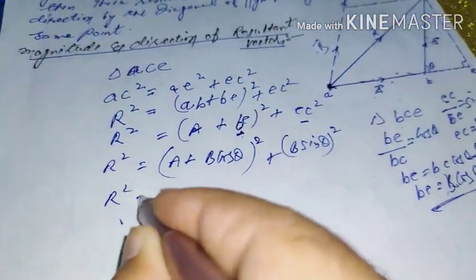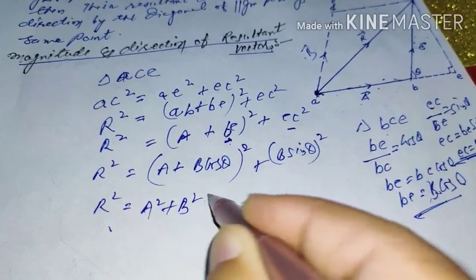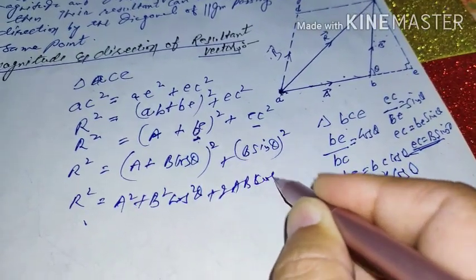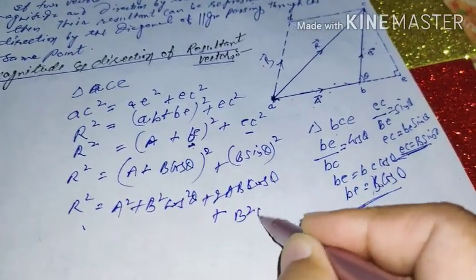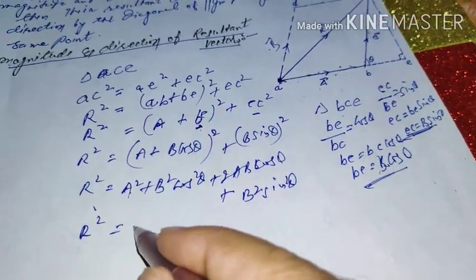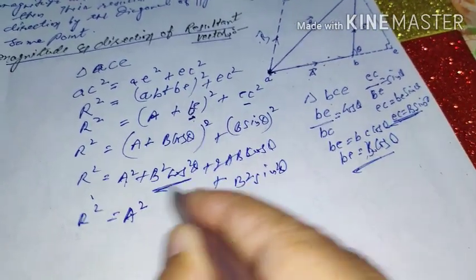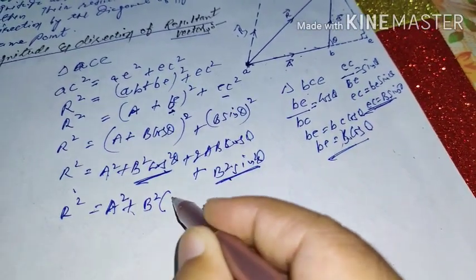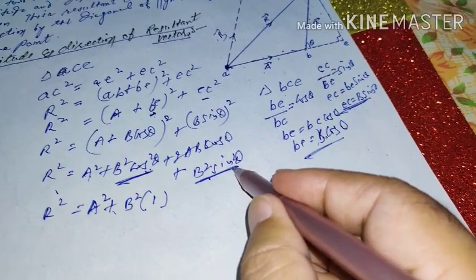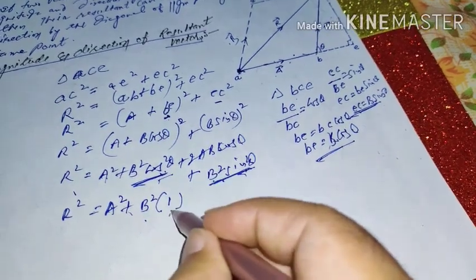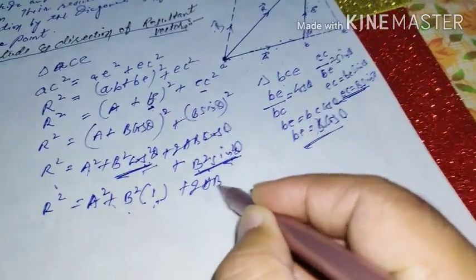On solution, what will you get? R square is A square plus B square cos square theta plus 2AB cos theta plus B square sin square theta. Now see here, out of these two terms, B square is common, and if B square is taken outside, there remains sin square theta plus cos square theta, and its value is 1, plus 2AB cos theta.